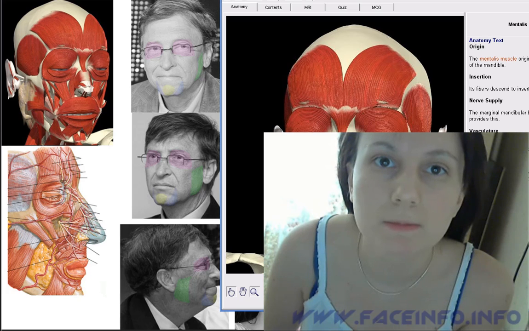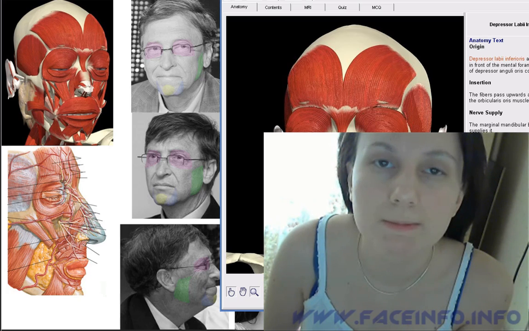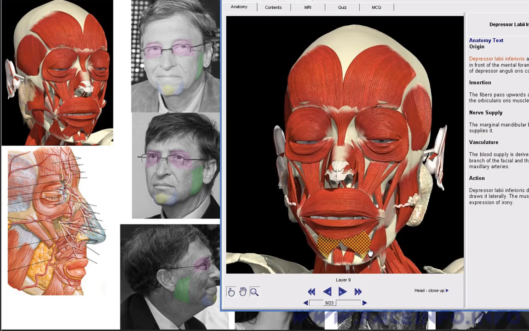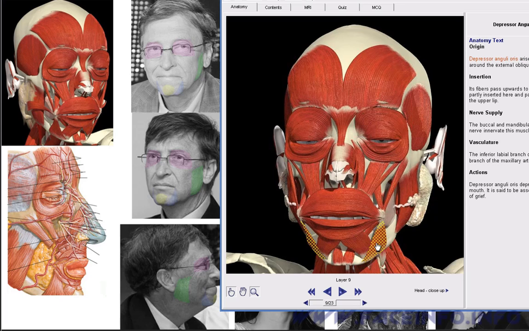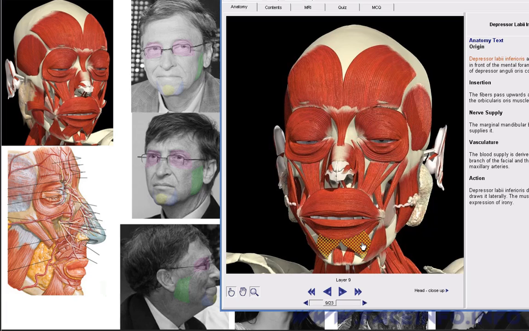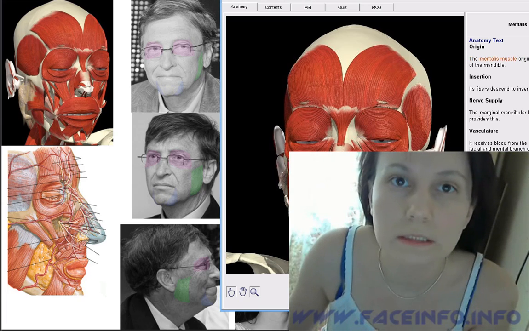Depressor labii inferioris arises from the mandible just in front of the mental foramen, where the anterior fibers of depressor anguli oris cover it. Then it goes upwards and is woven into the orbicular mouth muscle here. It lowers the lower lip and pulls it laterally downwards. I show how it works.